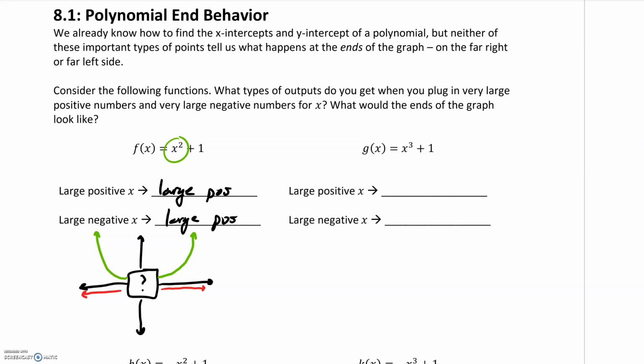Let's look at what happens with the graph of g of x. Okay, if I pick very large positive values for my input, right, we're looking at specifically what is going to happen with my graph as I get bigger and bigger and bigger x values.